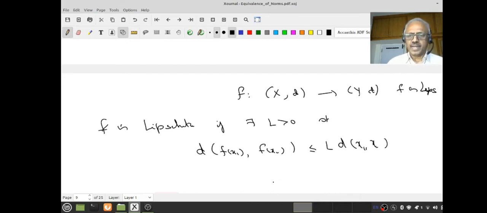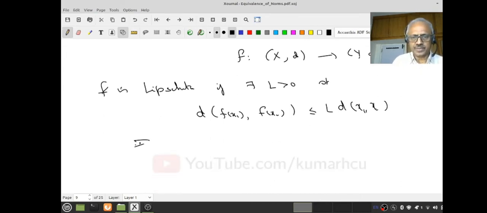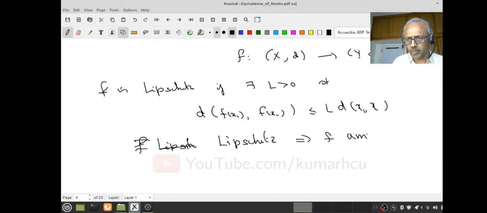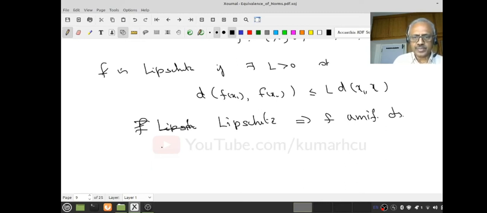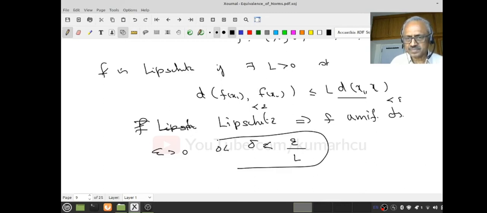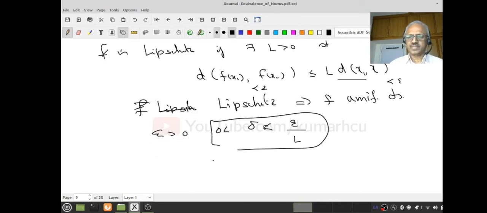And any Lipschitz function is uniformly continuous. Why? If you give me an epsilon, I want this to be less than epsilon, so it's enough if I make this less than epsilon, therefore I only have to choose delta to be epsilon by L.